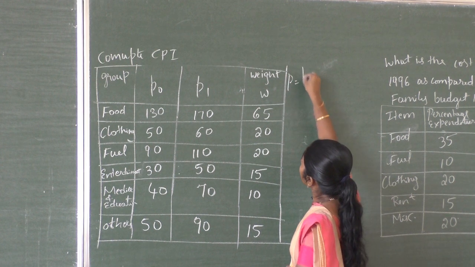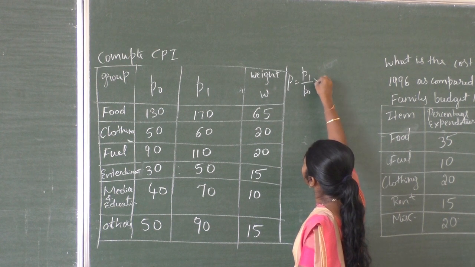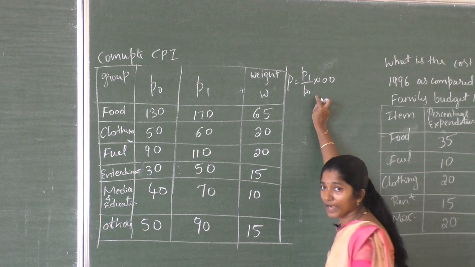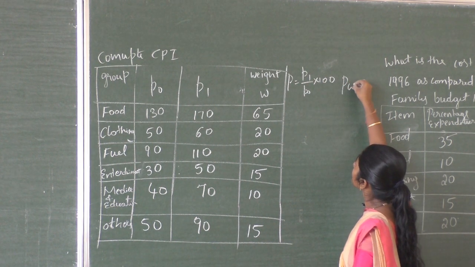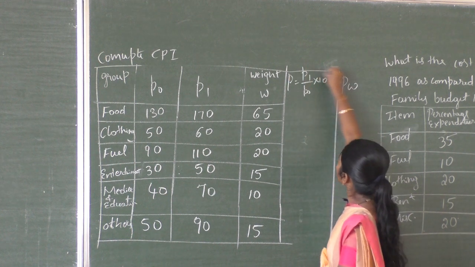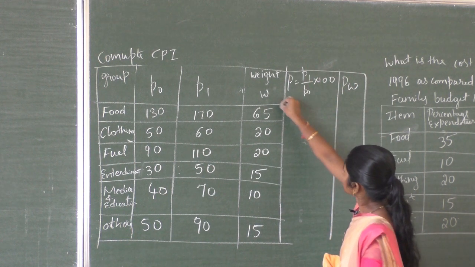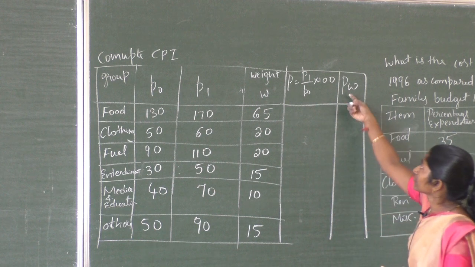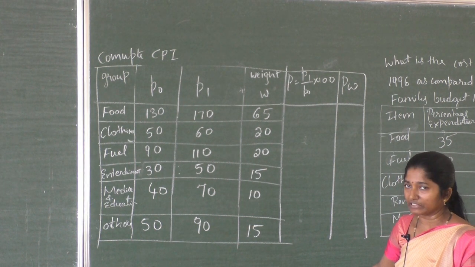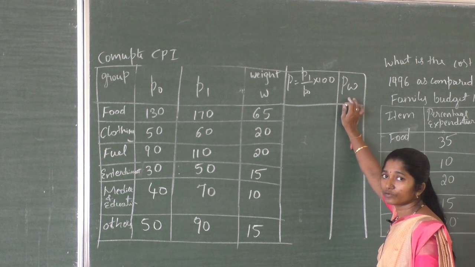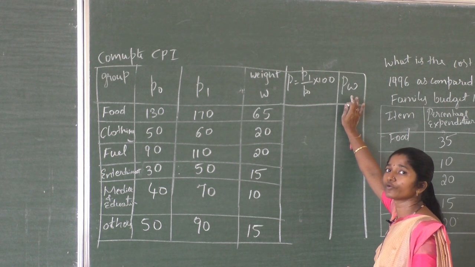P equals P1 by P naught into 100. This is the price relative. Then multiply that price relative with the W weights. Then for the family budget method formula, we have to take the total of P into W.